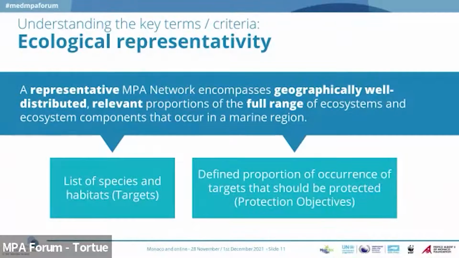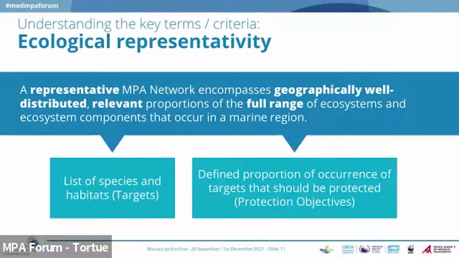All right, so for example, ecological representativity was defined by this group as meaning that an MPA network is representative if it encompasses geographically well-distributed, relevant proportions of the full range of ecosystems and ecosystem components.